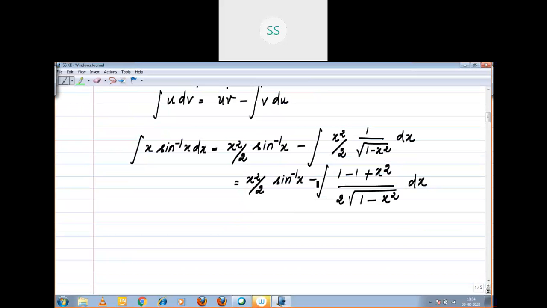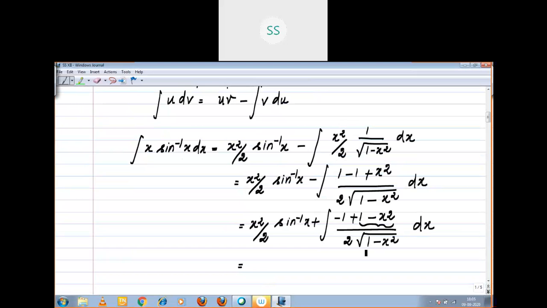That I am going to use and multiply the format. x square by 2 sine inverse x plus, then minus 1, minus into minus plus, 1 minus x square divided by 2 into root of 1 minus x square dx. Now you see this one, it looks like your denominator, right, children?